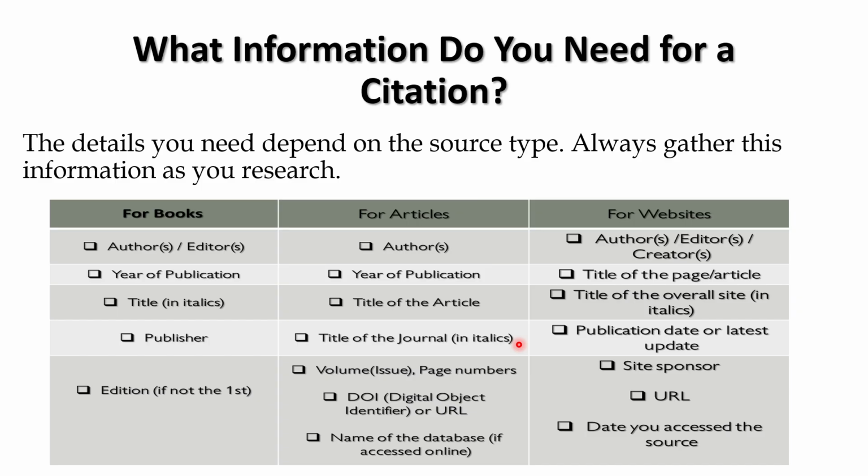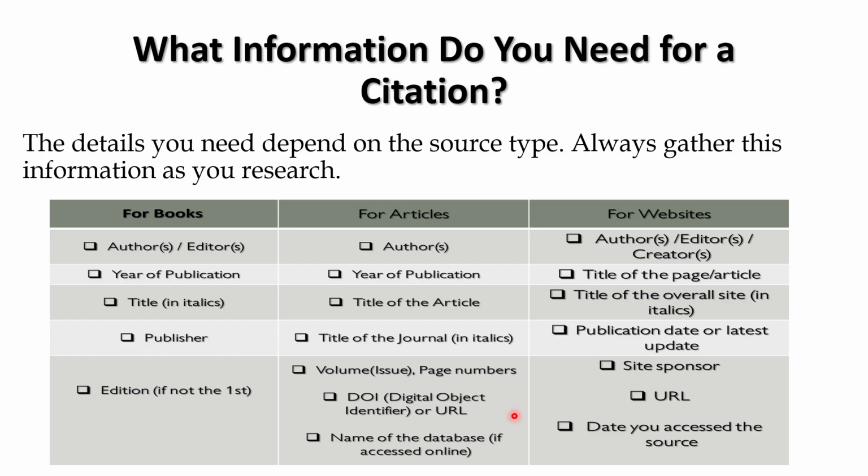Title of the journal in italics, the journal name is italicized and uses title case, every major word is capitalized. Volume, issue, and page numbers, the volume number is italicized, the issue number is in parentheses, followed by a comma and the page numbers.